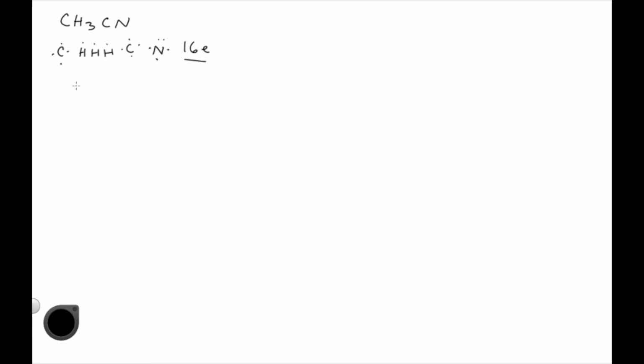So we have one carbon, another carbon with 2 electrons shared between them, and then we have our nitrogen connected to our carbon with 2 electrons shared between them. And then we fill in the rest of the Lewis dot structure. So this is going to be our skeleton for acetonitrile.